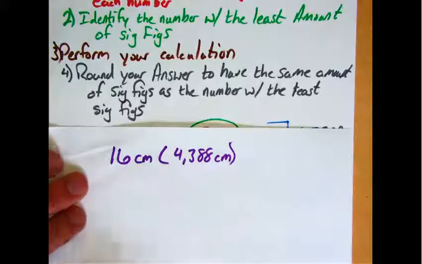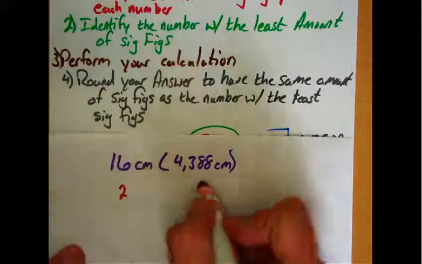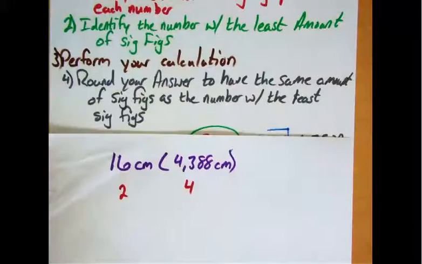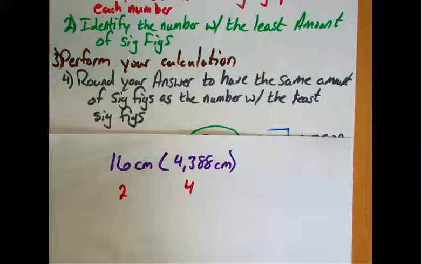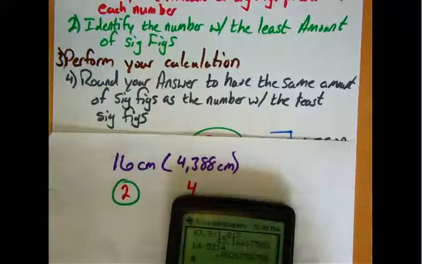In order to do this one, step 1, identify the number of sig figs in each number. I count 2, and I count 4. Which one has the least? 16 with 2.